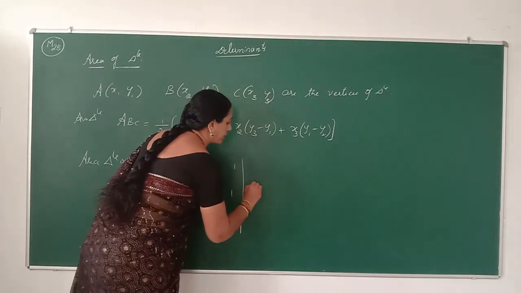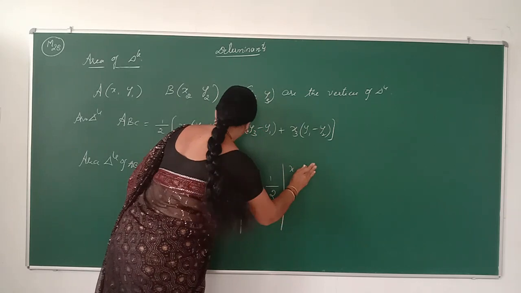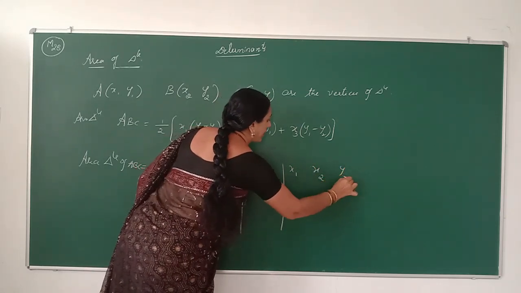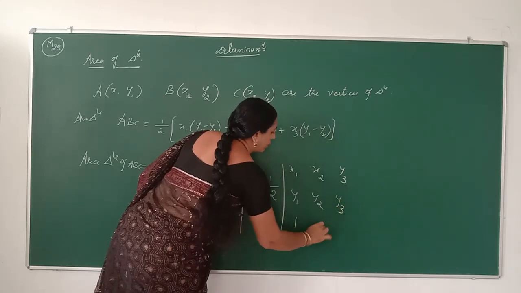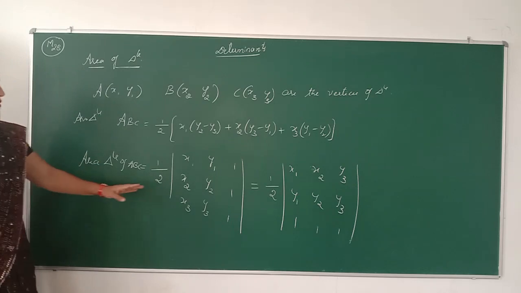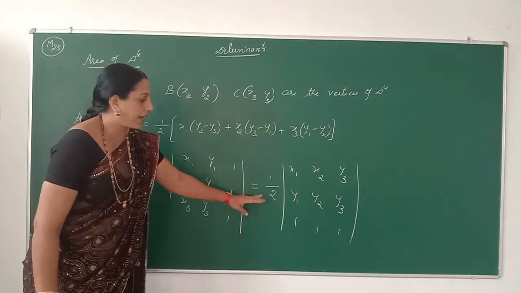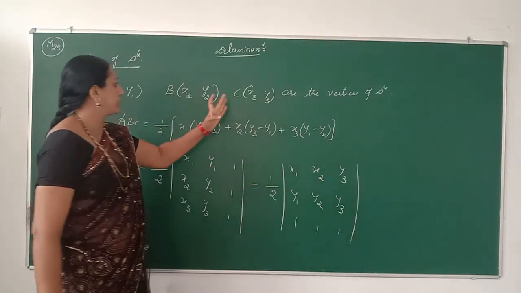Otherwise, it can also be written as half of the determinant with rows x1, x2, x3; y1, y2, y3; 1, 1, 1. These are also represented in this form. So both are called the area of a triangle, where x1, y1, x2, y2 and x3, y3 are the vertices.